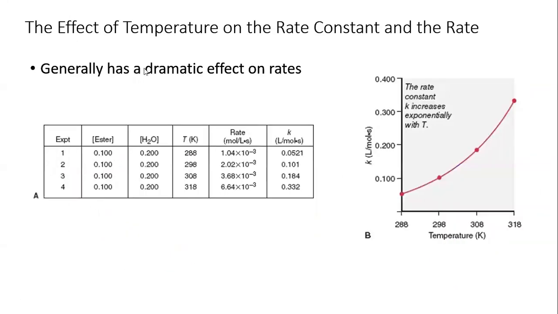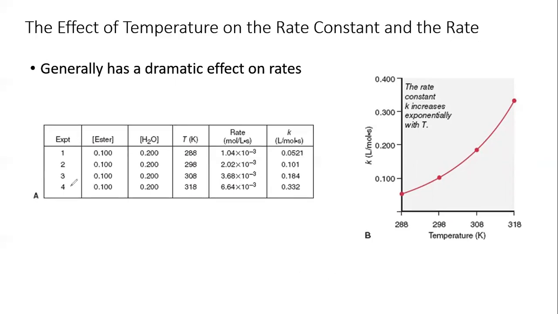And so one way you can affect the rate of reaction and the rate constant is by temperature. So if you increase the temperature, you increase the rate constant, which increases the rate.